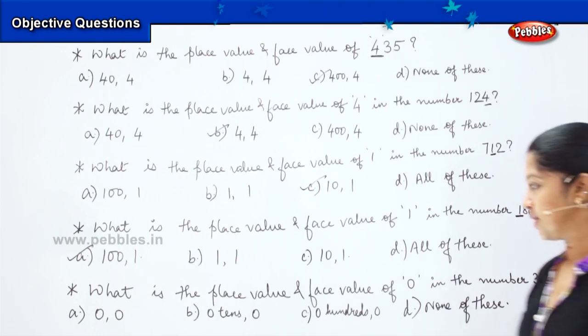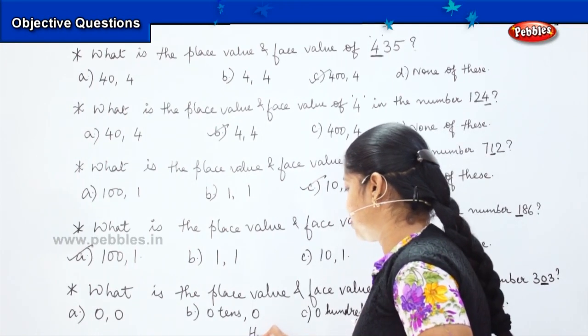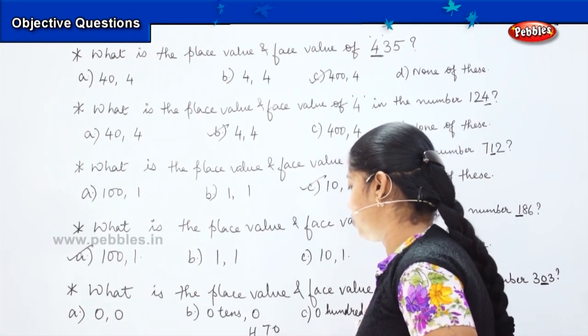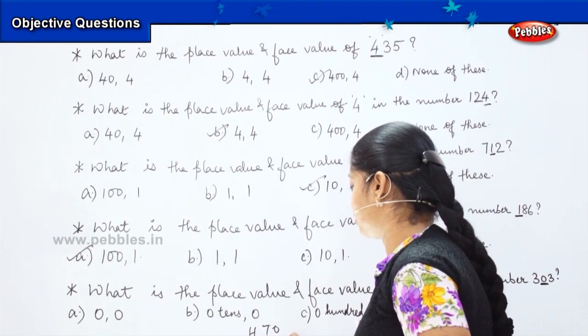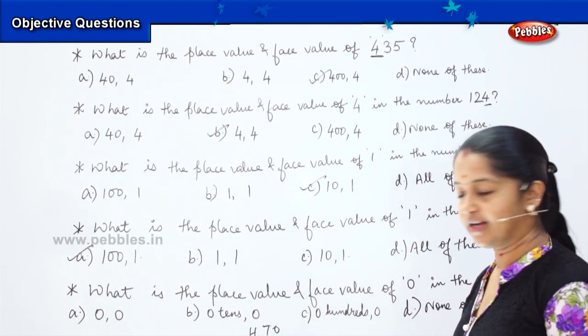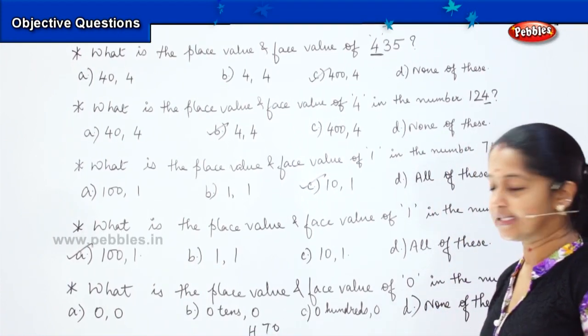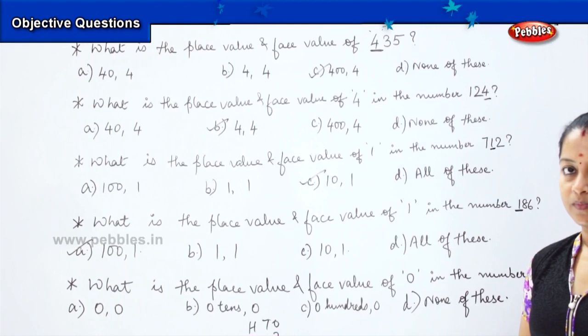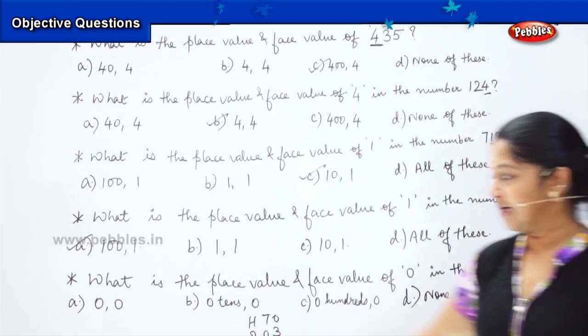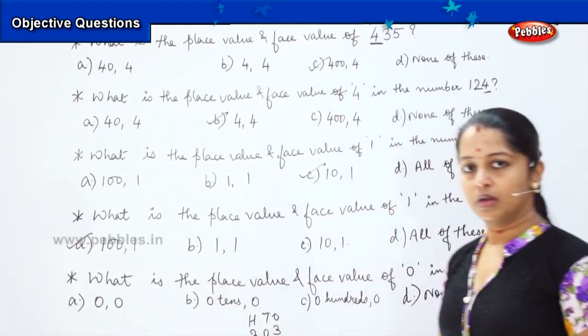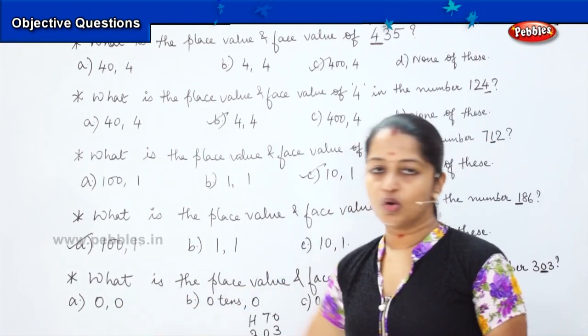Okay. So what is the first step? HTO, 303. And what is the number which we have to find out? It is 0. So where is it seated? It is seated under the tens column. So what will be the answer? Will it be 0 and 0? No, because that would denote 0 ones, right?